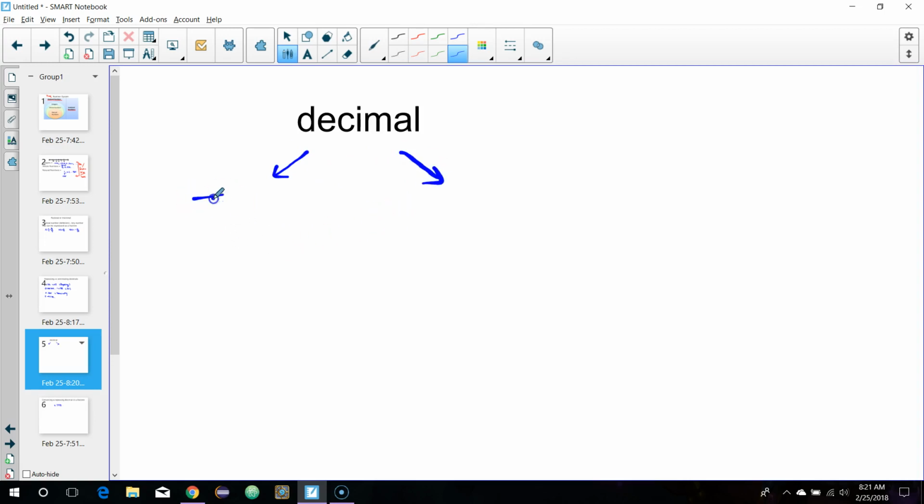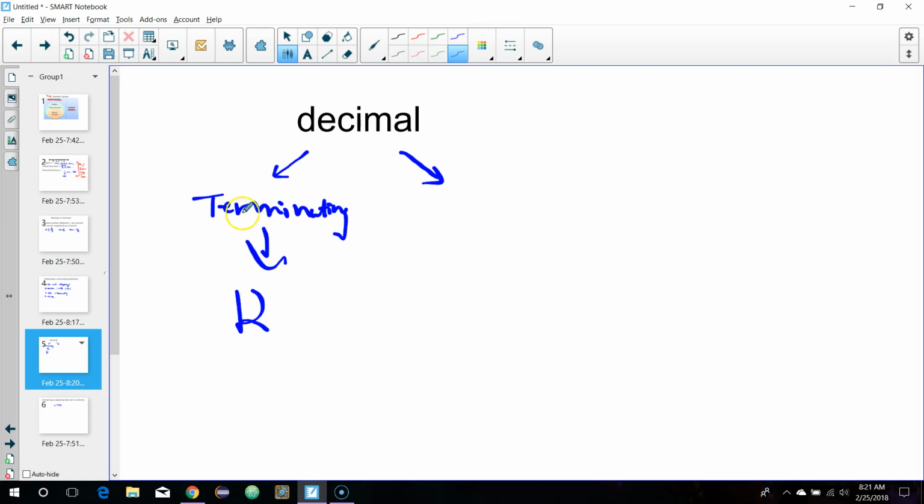If it's going to terminate somehow, that's going to be a rational number. There will always be a way to convert that into a fraction. Like 0.3 is a terminating decimal, you divide by 10 and it's going to be a fraction.